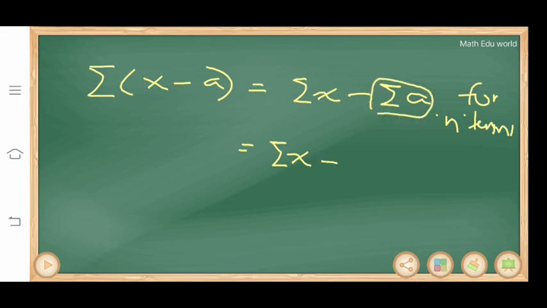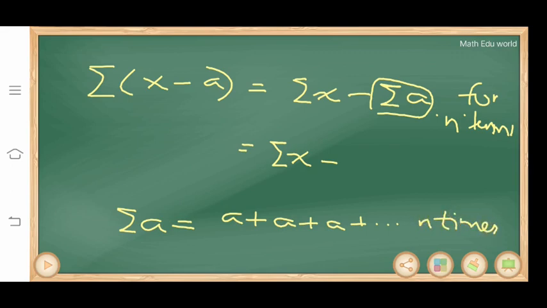What do you mean by sigma a? So sigma a is nothing but a plus a plus a plus etc. How many times? N times. Add a n times is known as sigma a. Sigma b is add b n times. So it can be written as a n. So sigma x minus a can be written as sigma x minus a n.